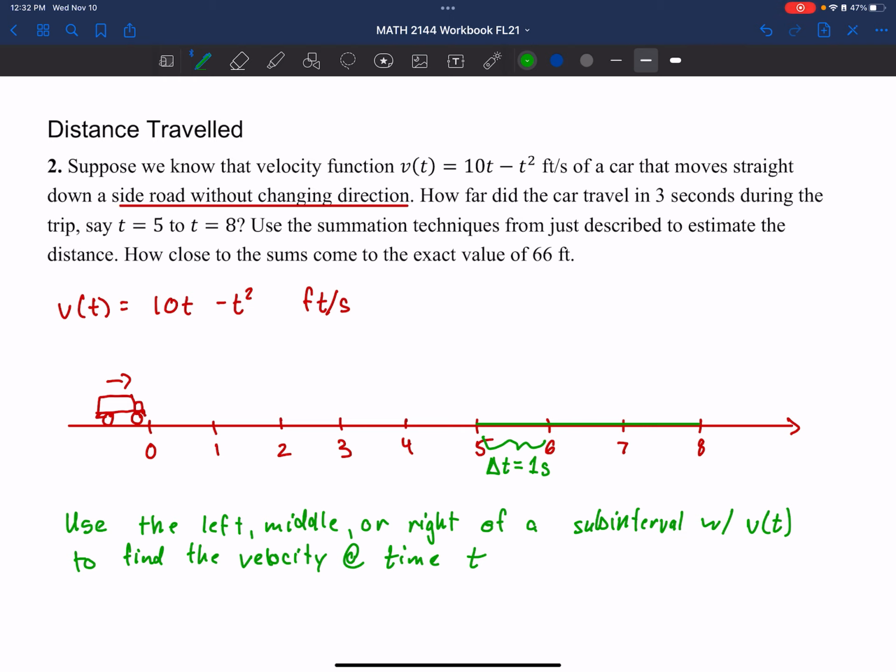So you have some choice whether you're going to use the left, 5, 6, 7, whether you're going to choose some value representative in the middle, or you're going to use the right.